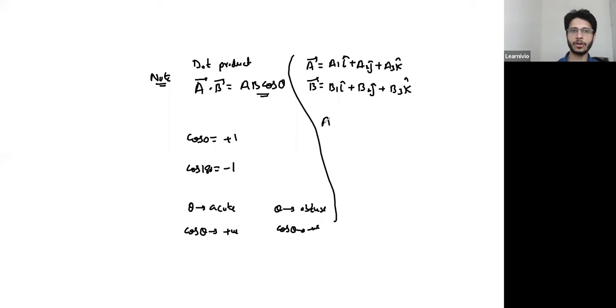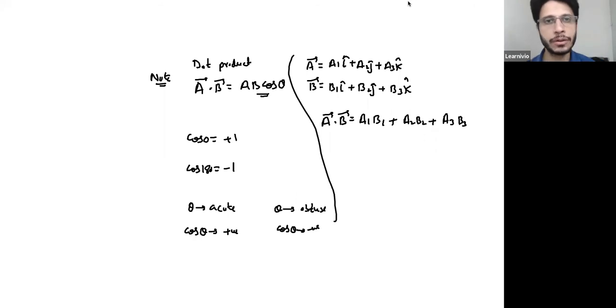If I take the dot product A dot B, you simply multiply the coefficient of i cap with i cap, A1 with B1, it's A1 B1. You multiply the coefficient of j cap with j cap, it's A2 B2. You multiply the coefficient of k cap with k cap, which is A3 B3. So A dot B is A1 B1 plus A2 B2 plus A3 B3.